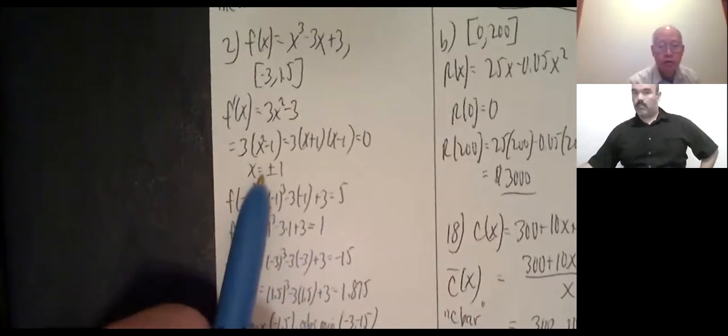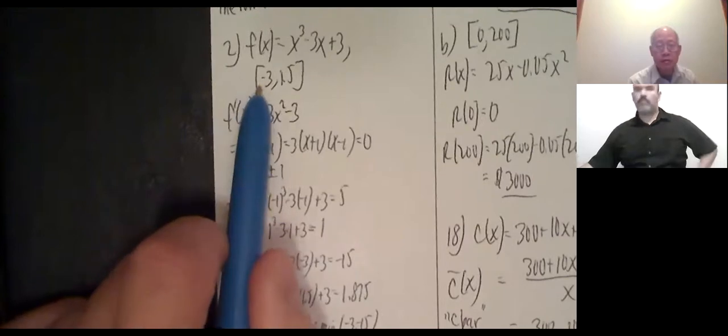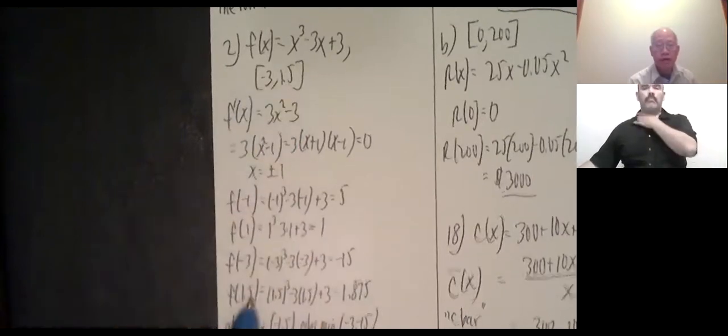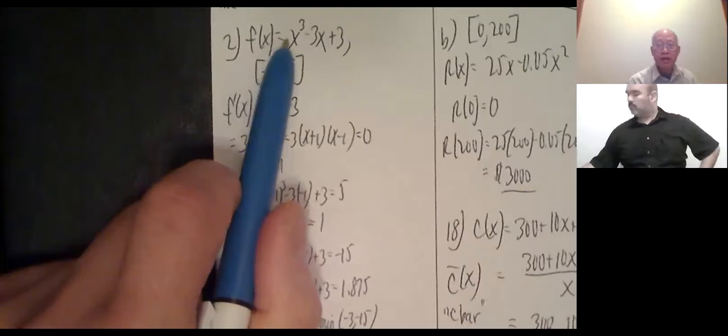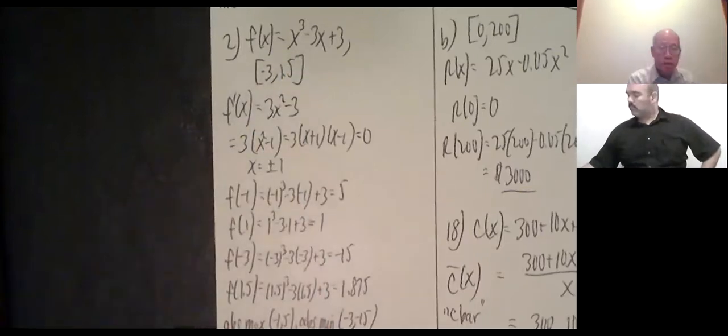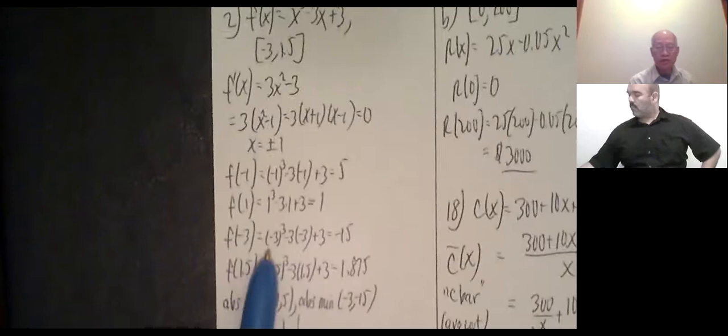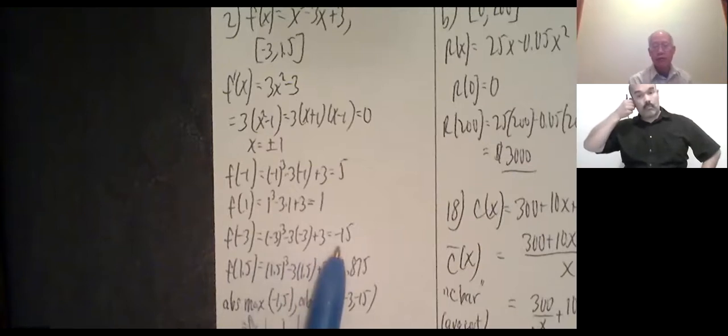Okay, so those are the critical numbers. And now I check the endpoints. Plug in negative 3 and 1.5. So negative 3 cubed minus 3 times negative 3 plus 3. That comes out to be negative 15. So that's negative 27 plus 9, which is negative 18, plus 3 is negative 15.